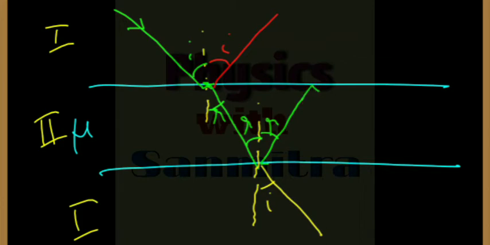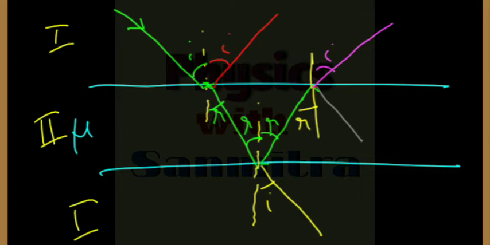Now I can say, if I do it here like this, this angle will be i. This part is reflected and this part is again refracted and this is reflected.